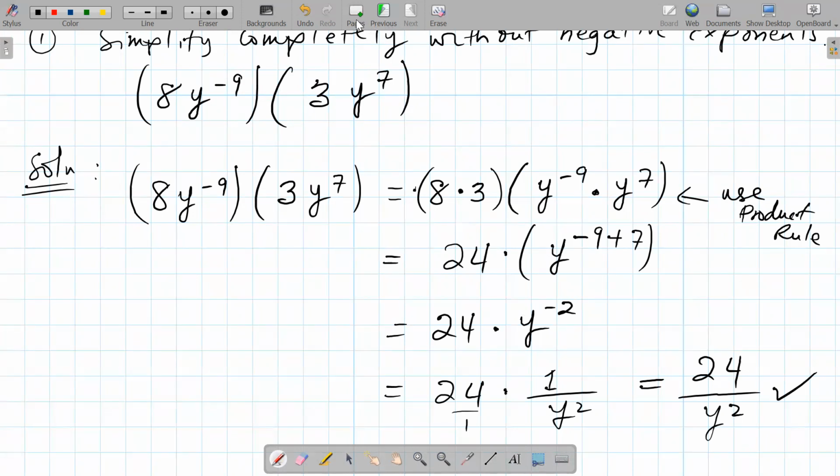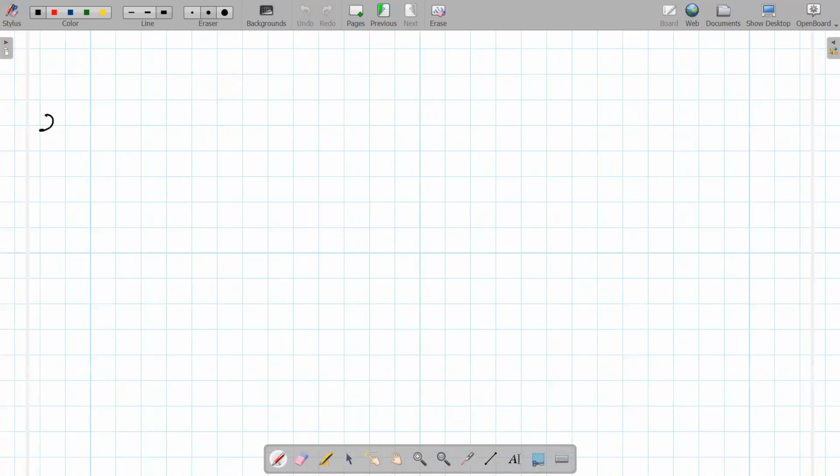Let's go to another page and do some more examples. So this is 2. What about this one? Simplify.